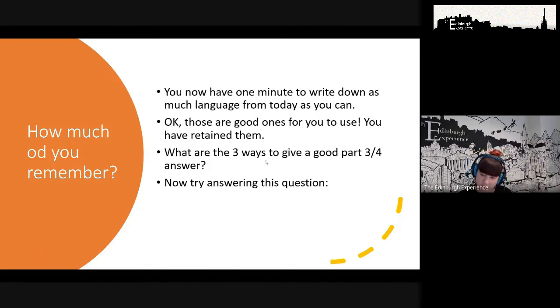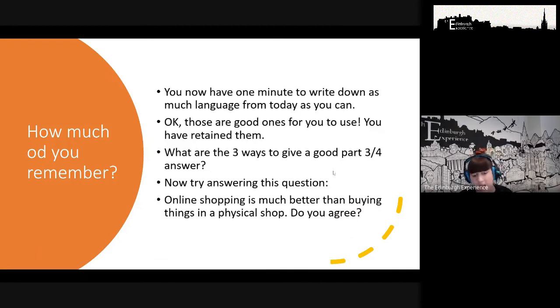All right, so here's the challenge for you guys. The same way that I showed you that example answer before. Here's a question for you, right? So online shopping is much better than buying things in a physical shop. Do you agree? So using the language that we've looked at today and using those 3 steps, I want you to think about giving an answer, giving your opinion, right?